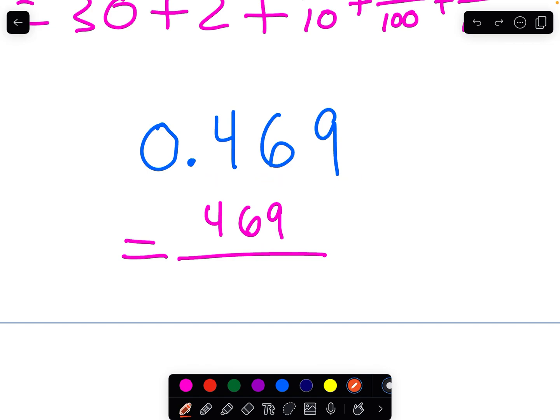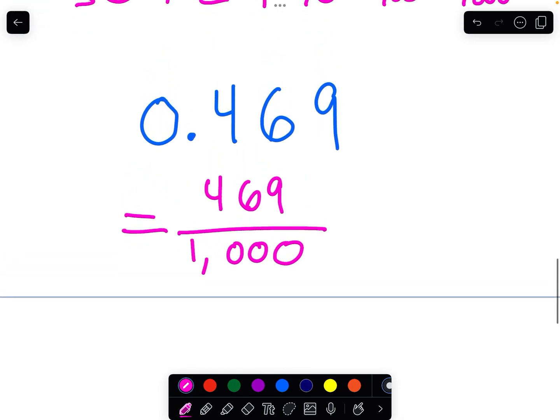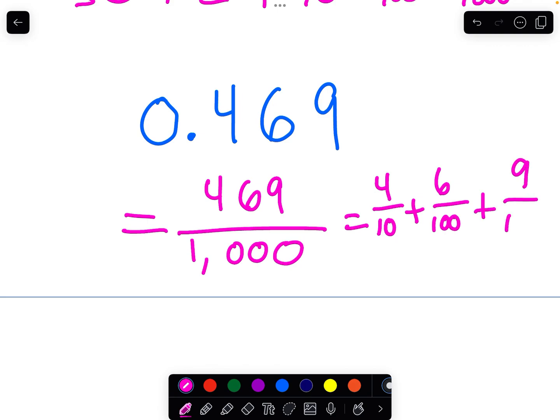So we know we're in the thousands. So we've got 469 thousandths, right? 469 thousandths, which is equal to 4 tenths plus 6 hundredths plus 9 thousandths.